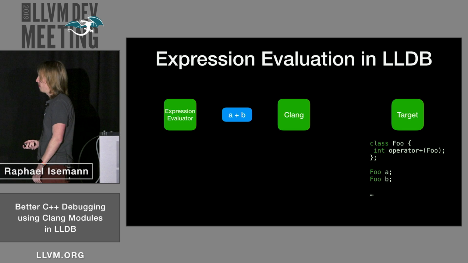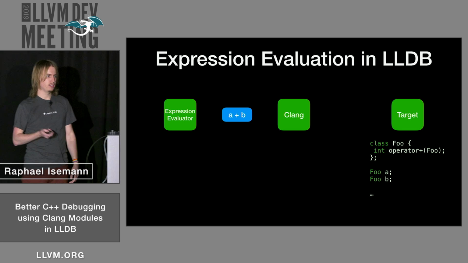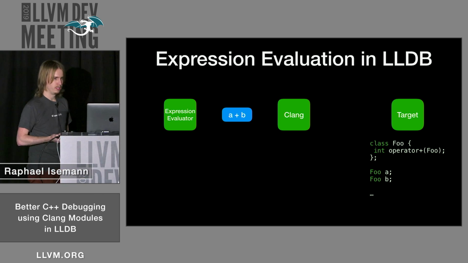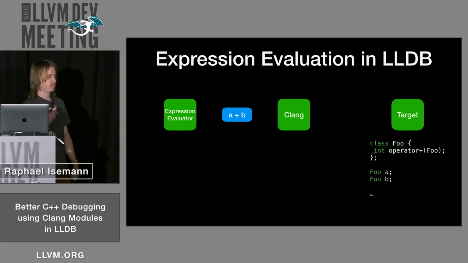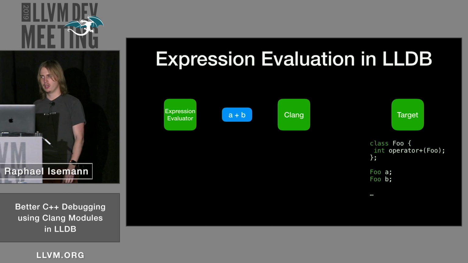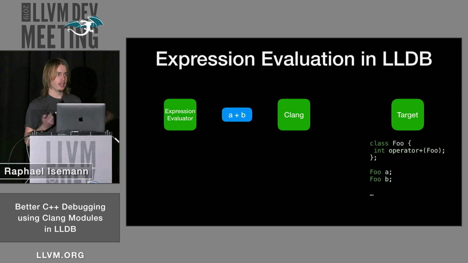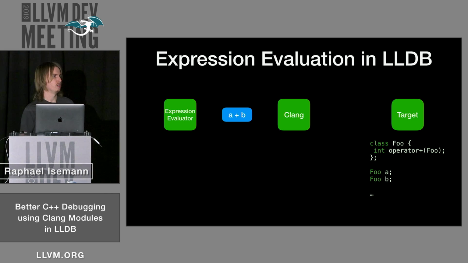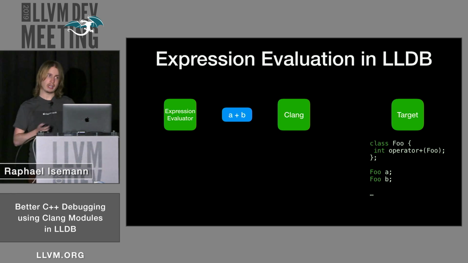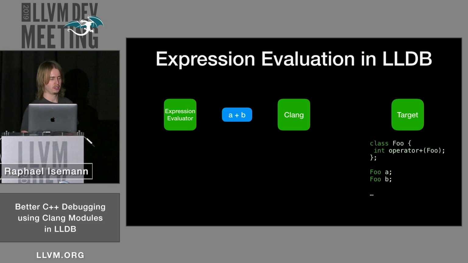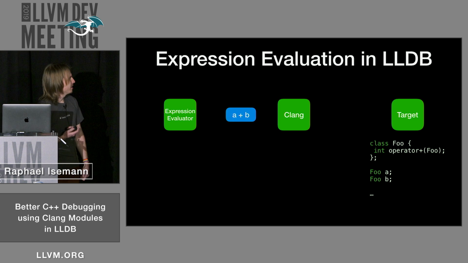So what happens now is that Clang is parsing the expression A + B, and during the parsing process, it encounters things it doesn't know about. Clang has an API where it can ask about things it doesn't know about, and LLDB implements this API to provide information back to Clang so that it can understand the expression it's currently parsing. So let's make an example.